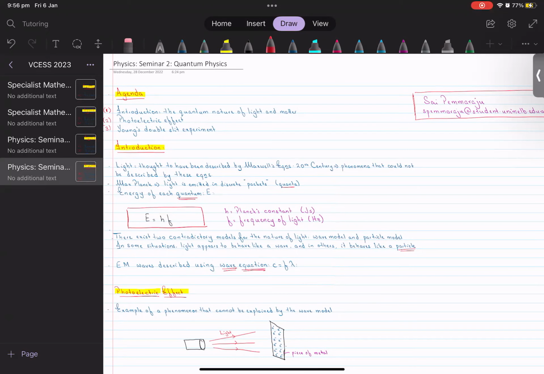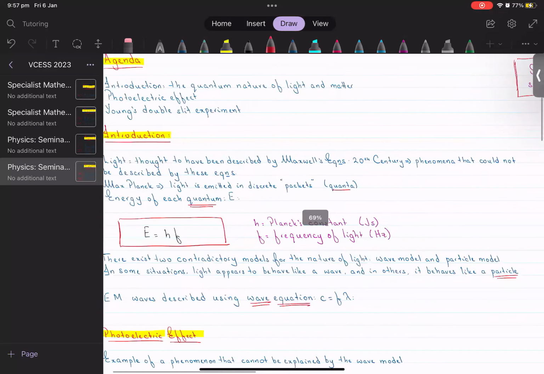Our focus is predominantly on the nature of light and how two contradictory models that describe the nature of light can both be used to explain the stuff that we see around us. All of this goes back to quantum physics, and I will describe exactly what that means in a second.